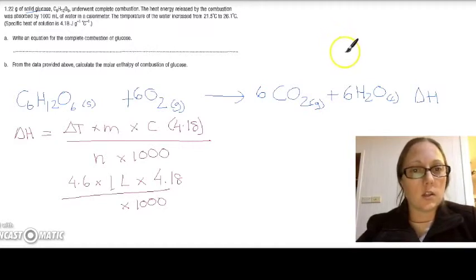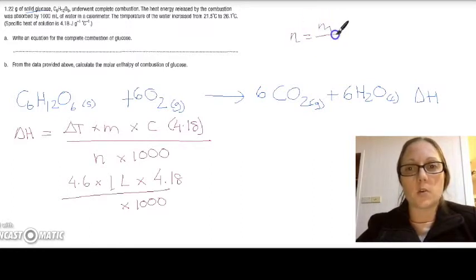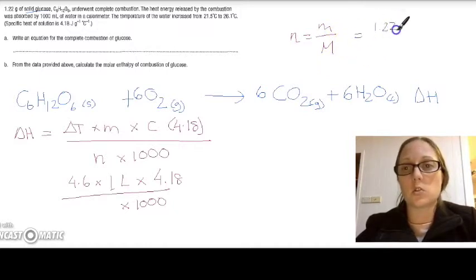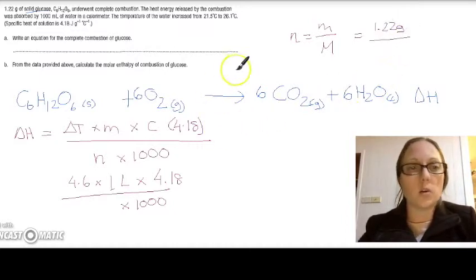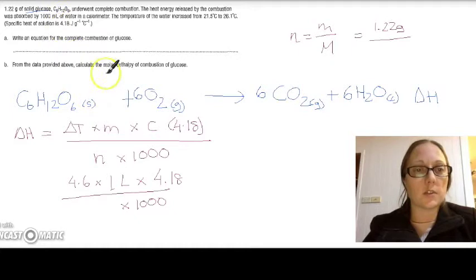Okay, so let's calculate the number of moles. Remember that number of moles equals mass on molar mass, and the mass of the glucose happens to be 1.22 grams, reading that straight from the question. To calculate the molar mass of glucose, we're going to add up the carbons, the hydrogens, and the oxygens.